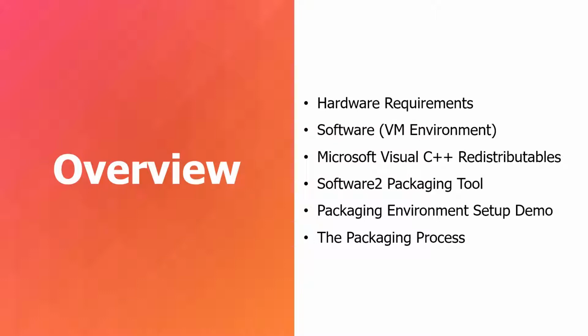I'm going to mention Microsoft Visual C++ redistributables, a bit of a hot topic at the minute. There are some things that you guys need to be aware of with them, and some issues and workarounds that we've got in place for them.